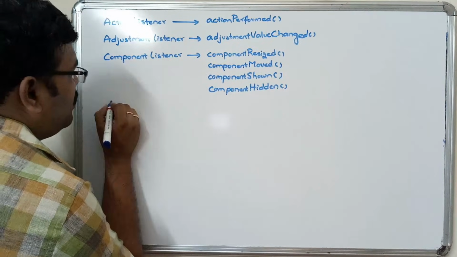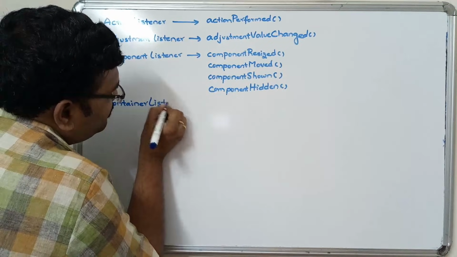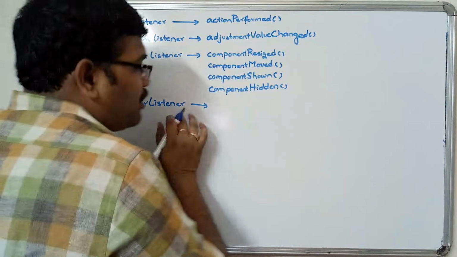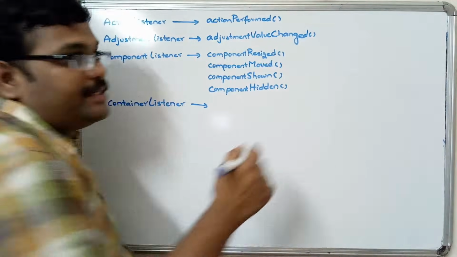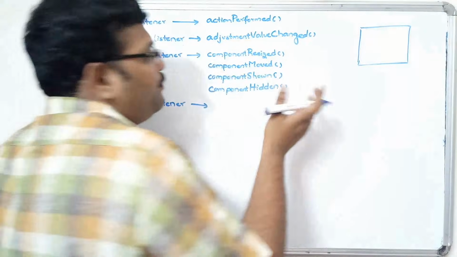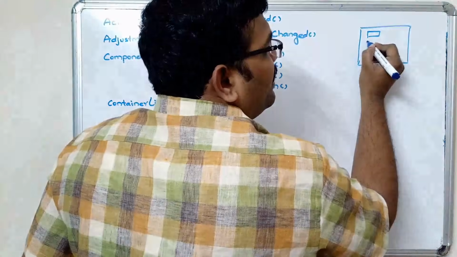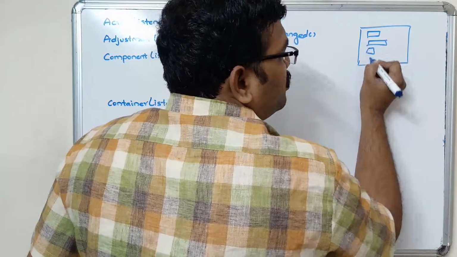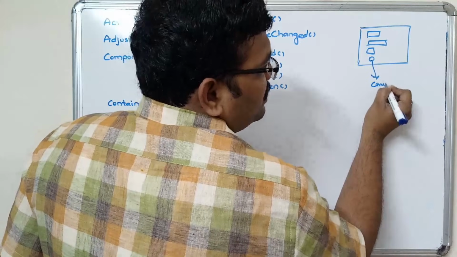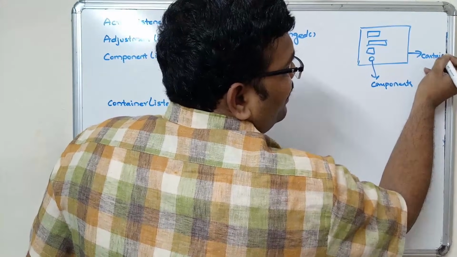Next, container listener. Container means just like our applet, right? A small window is available, so that applet we can call a container. In that applet we create a button or a text field or checkbox or radio button, everything. All these we can call components, and we can call this a container.